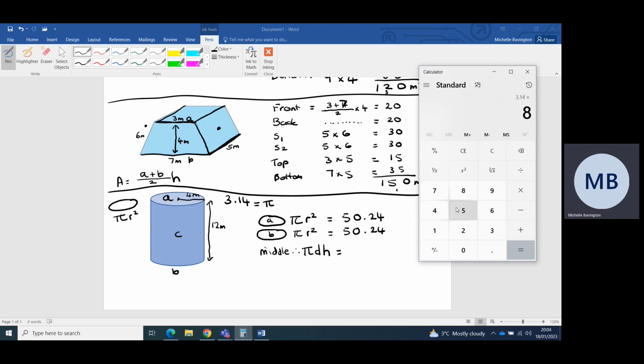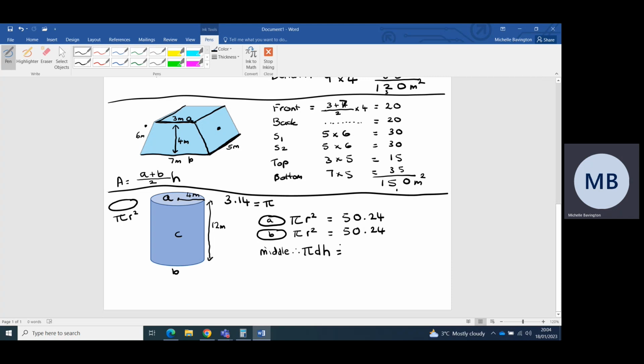Times the height, which in this case is 12. 301.44. Then I add them together. 401.92 meter squared.